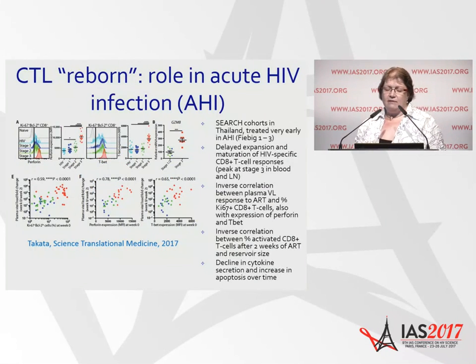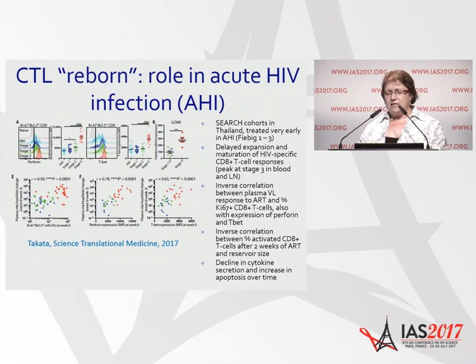And then, presented very nicely yesterday by Lydie Trautmann in studies from Thailand in the SEARCH cohort, in patients who were treated very early, again showed very high-level T-cell responses, but not appearing until about Fiebig stage 3, and again showing an inverse correlation between the level of activated T cells and the plasma viral load fall in response to antiretroviral therapy, with an inverse correlation with the reservoir size.